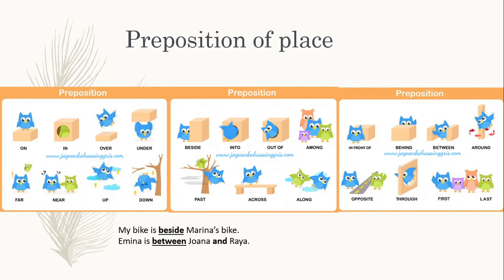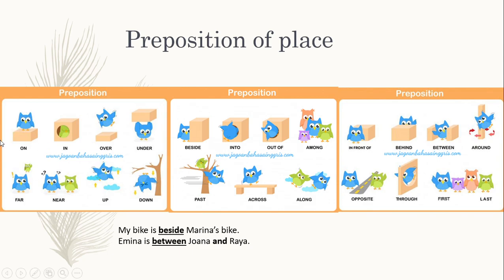Preposition of place. Preposition of place is used to describe the position of someone or something. Here are the prepositions that we usually use to describe the position of something.